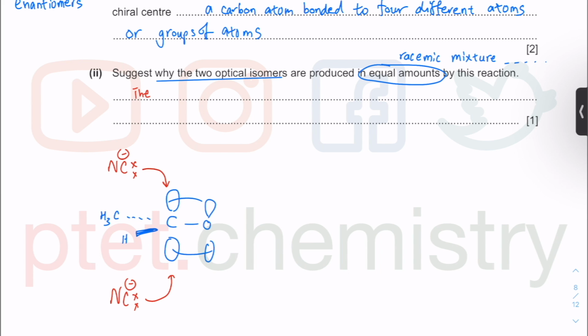So what we can say is the starting aldehyde, the starting reactant aldehyde, RCHO, has a trigonal planar carbon, sp2, at the carbonyl carbon.